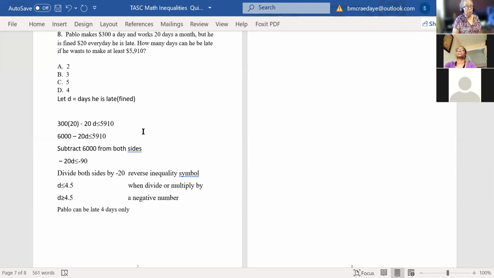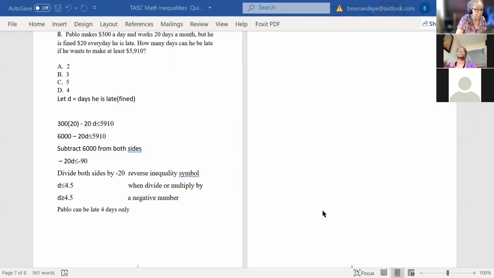Now we are going to inequality quiz number 4, which I will be emailing you. I didn't send you number 4, but there's something in number 4 I wanted to go over with you, and it's called compound inequalities. You know algebra worksheet 4.